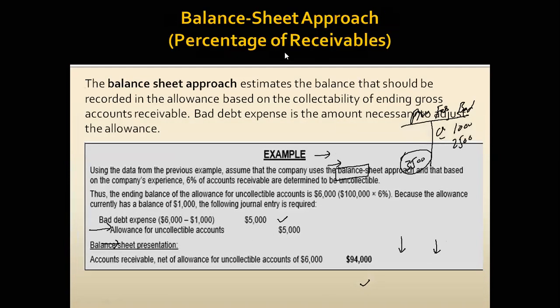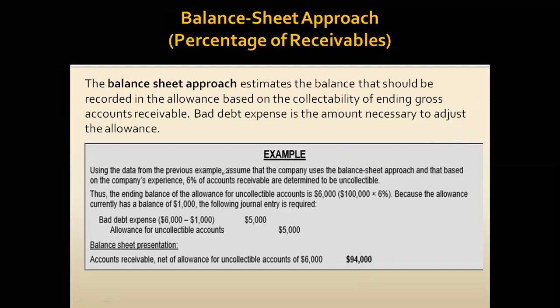Next, students, we have the balance sheet approach. We also call it the percentage of receivables method, because in this method we apply the percentage on accounts receivable instead of credit sales. Here you will have to note the little difference, which I'll explain after calculating the provision.